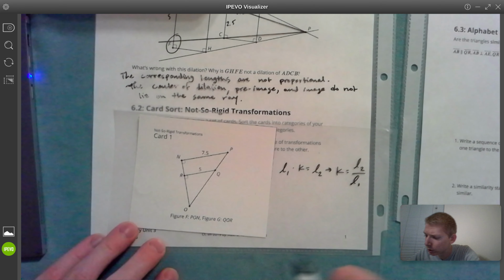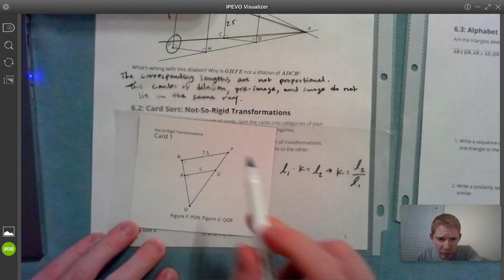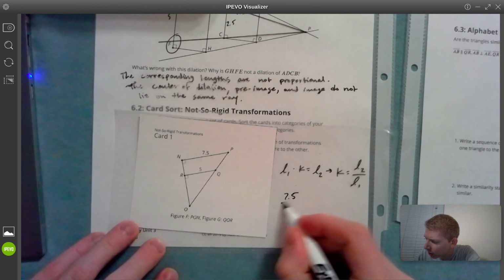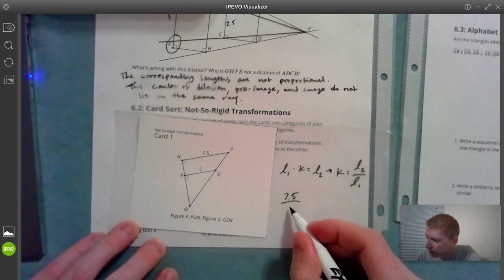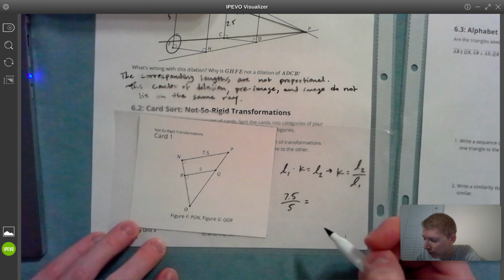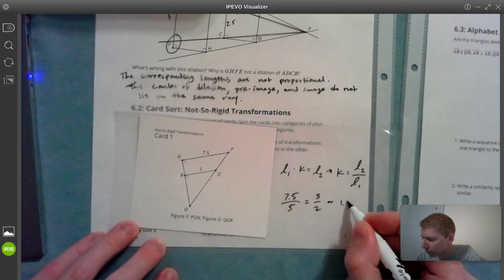Okay, so I have my new length up here, 7.5, and my original length here was 5. So my scale factor will be whatever 7.5 divided by 5 is, which is 3 over 2 or 1.5.